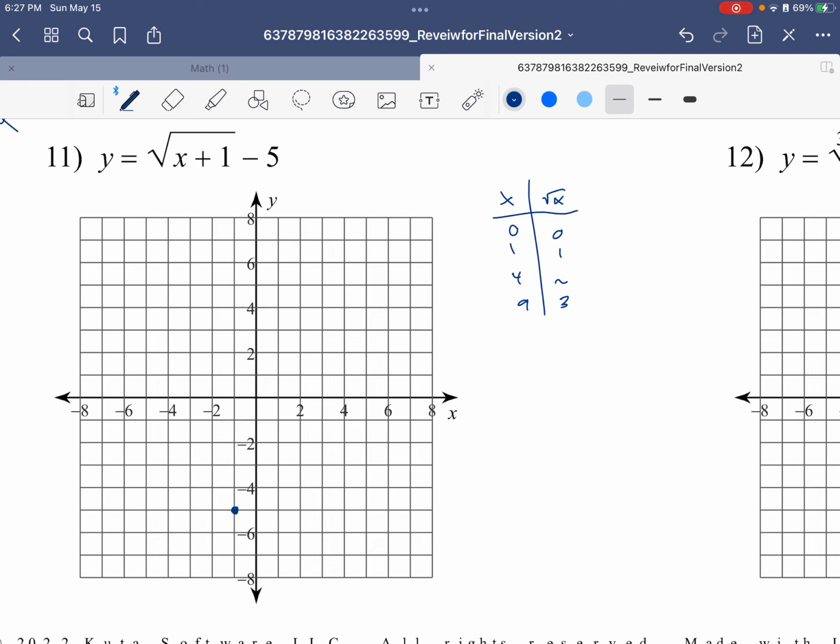And now these are not coordinates, these are describing where to plot my point. So 0, 0 is just here, and we have 1, 1. So that means go to the right 1, go up 1, and then we have 4, 2, which means go to the right 4 times, 1, 2, 3, 4, go up 2, 1, 2.